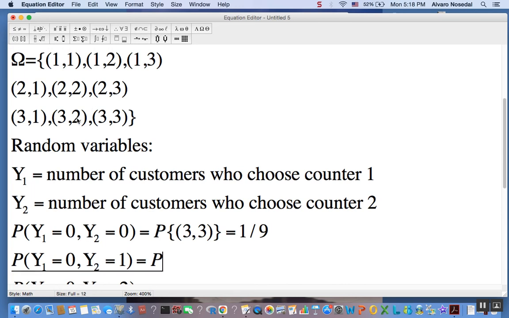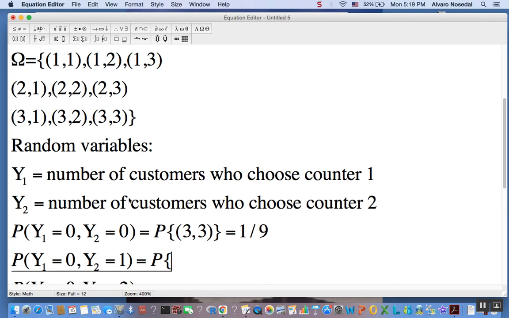Yeah, that's the one. 3, 2 and 2, 3, because that means that the number of customers who went to counter number 2, we have only one, and none to counter number 1. Okay, makes sense?